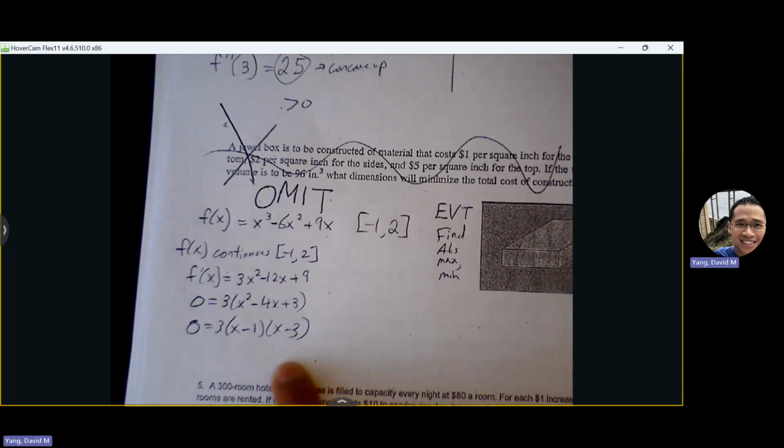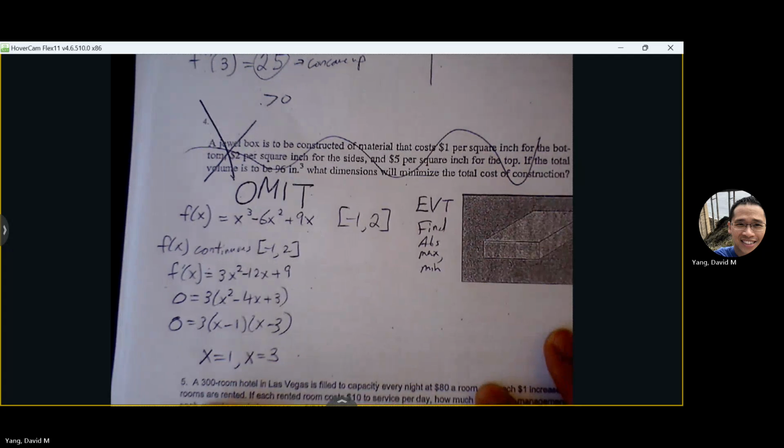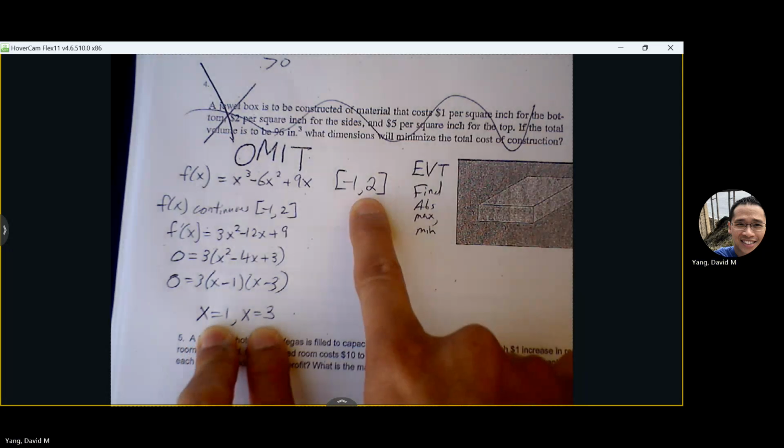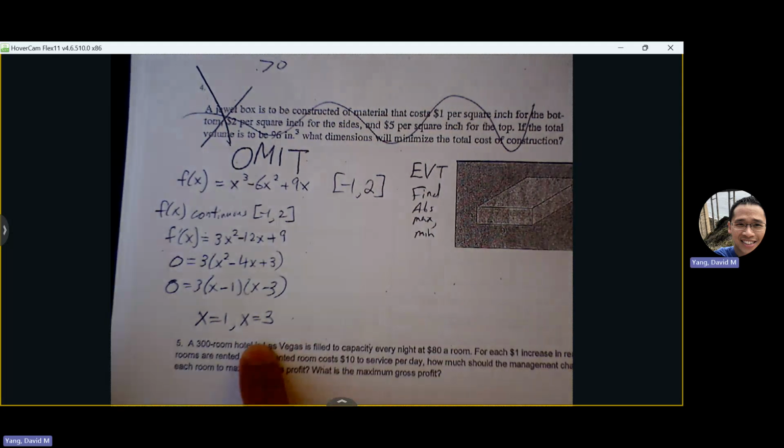Find your critical points, x equals 1 and x equals 3. But are we going to always test every critical point that we see? Where does it have to be? Yeah, it has to be in the interval, right? So something is not inside the interval. Which one are we not going to use? 3, right? So 3 is out.